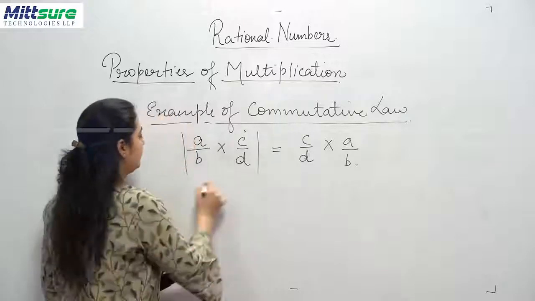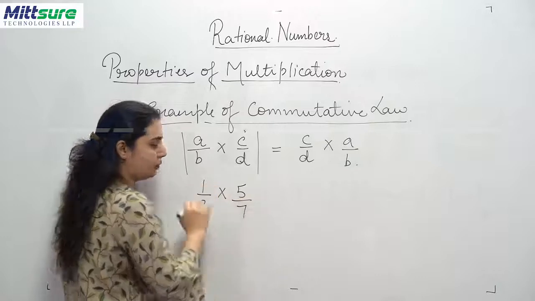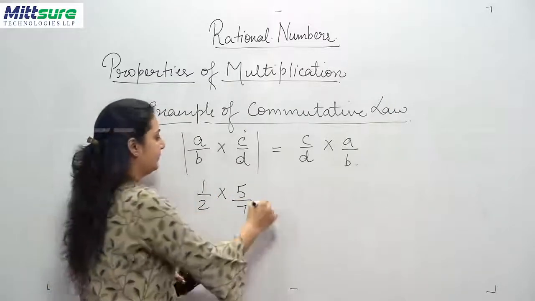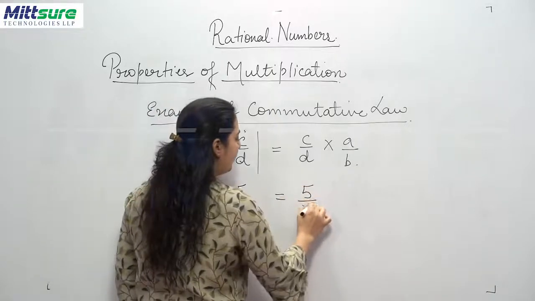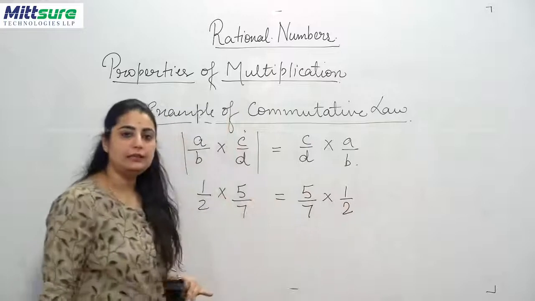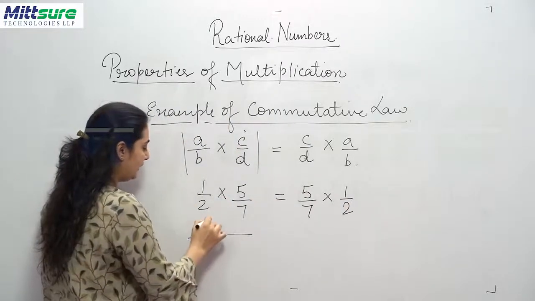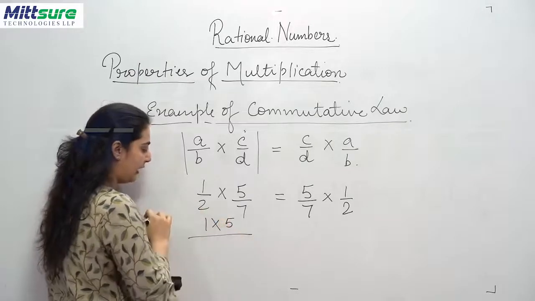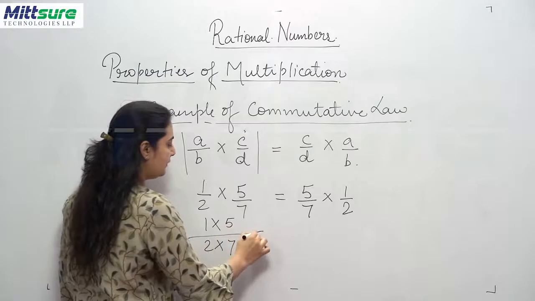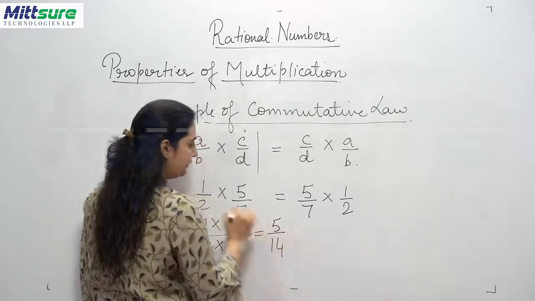Let us take the two rational numbers which I have taken in the closure property. 1 upon 2 into 5 upon 7. Here 5 upon 7 into 1 upon 2. Clear? Now we will be multiplying the numerator with the numerator. 1 multiplied by 5, 2 multiplied by 7 gives you 5 upon 14.